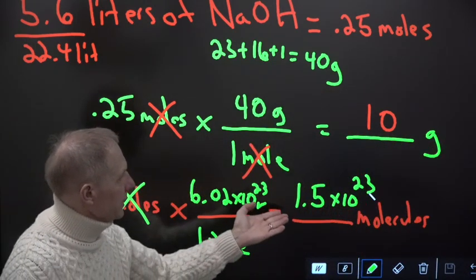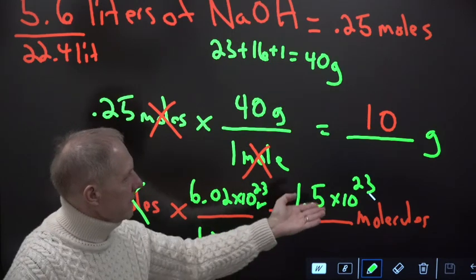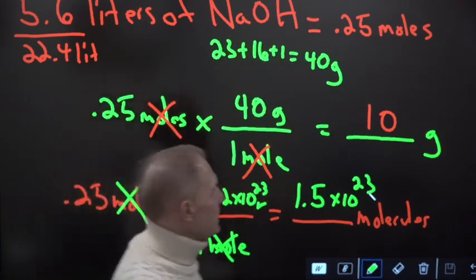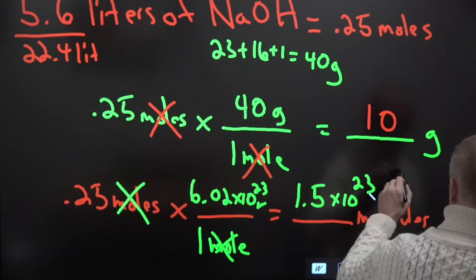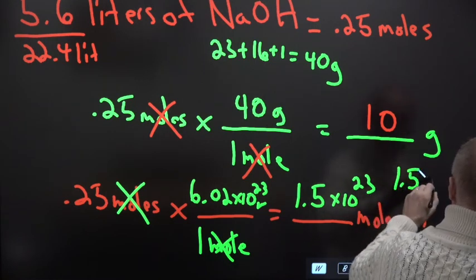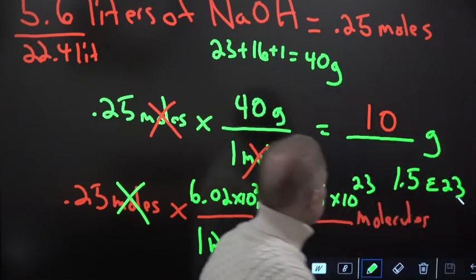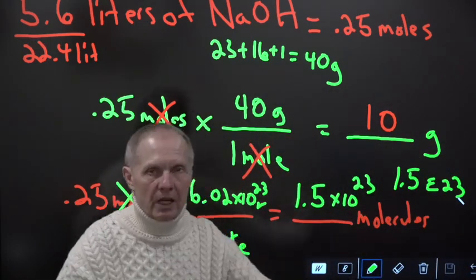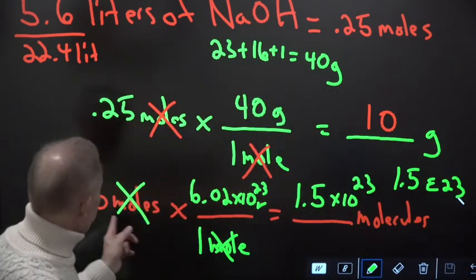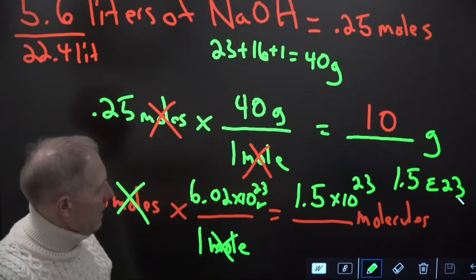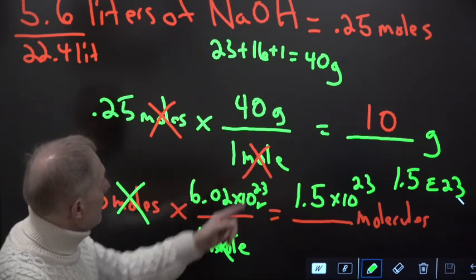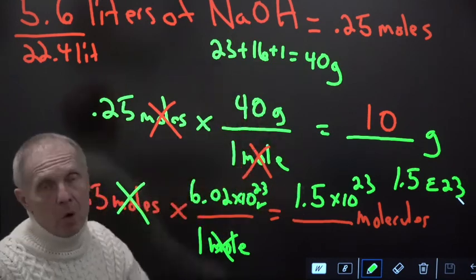It's not going to say 1.5 times 10 to the 23rd. It will say 1.5 E 23, and that E stands for times 10. So that's how you figure out how many molecules, how many grams, and how many moles.